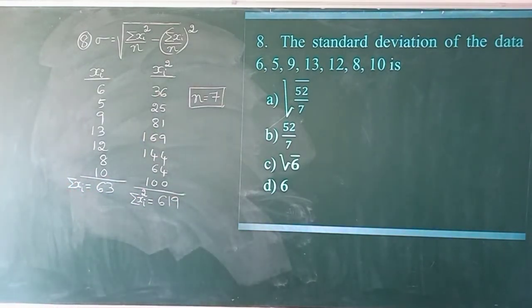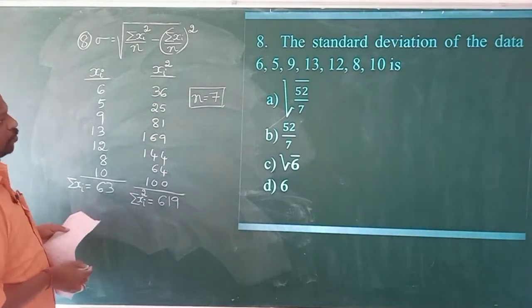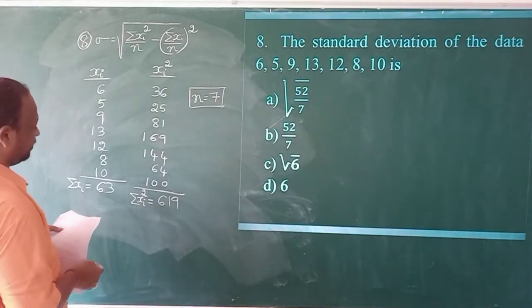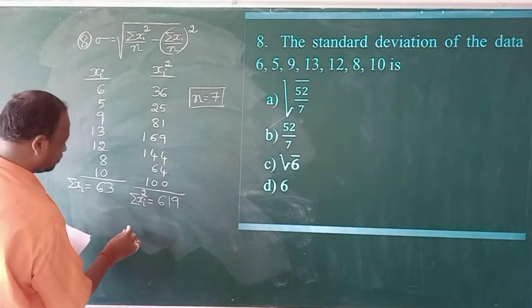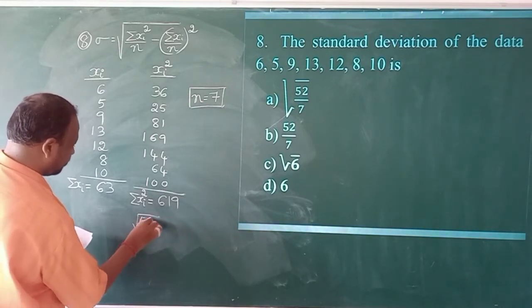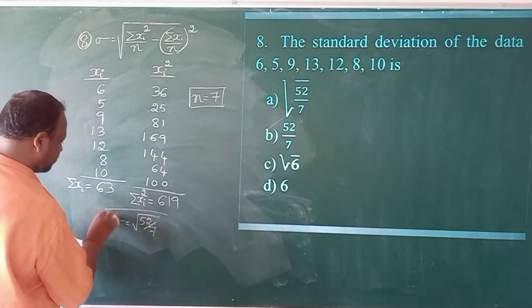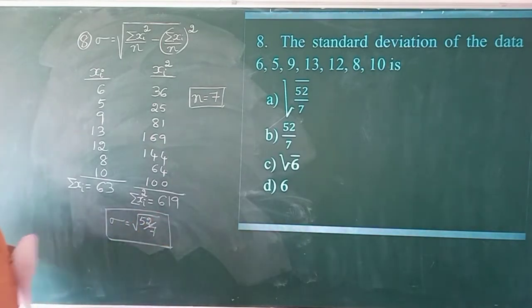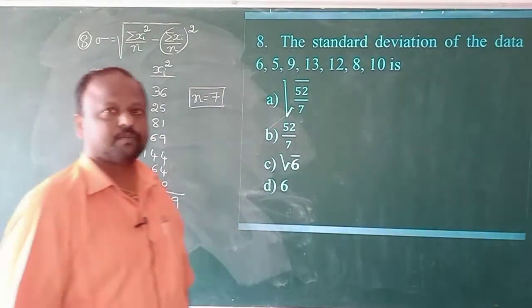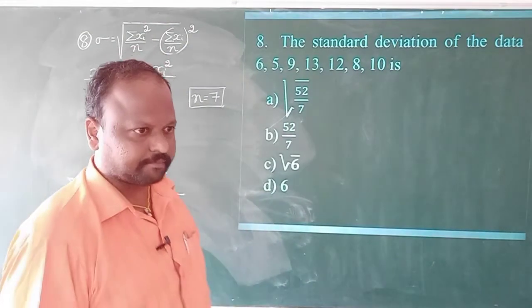Substitute everything in the formula. So you will get root of 52 by 7. Root of 52 by 7, standard deviation. So calculate. Whenever standard deviation is asked, first you should find out xi, then xi square.